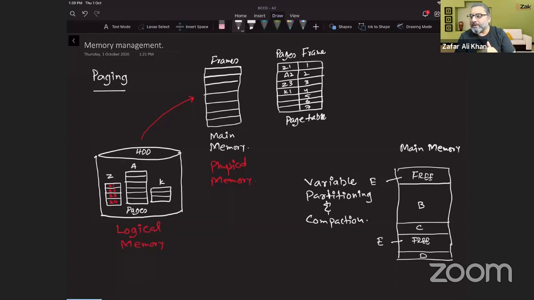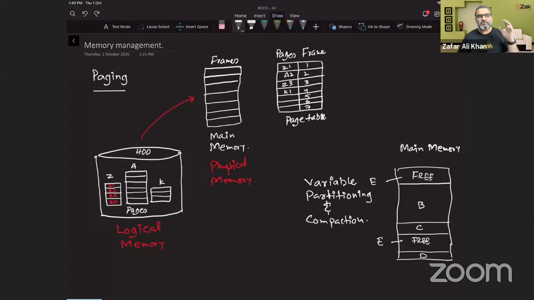If we are moving program B above, we will take the first instruction from this location and move it to the first location of this free area, and keep moving this way, and then the whole B will be shifted to the free area above, and then we will start moving C upwards. That is how the whole free space will be available after C at one location, and then we will be able to have E loaded in the memory.